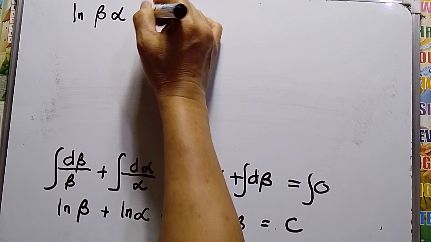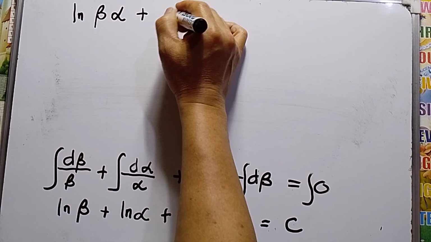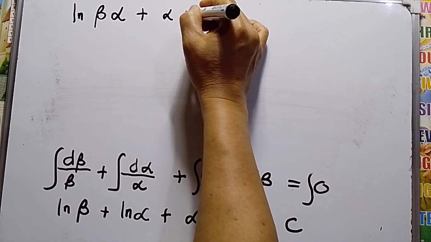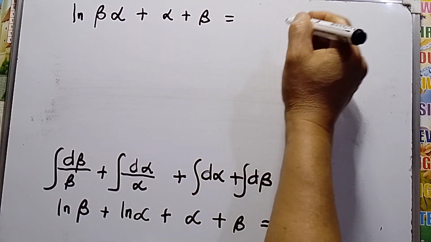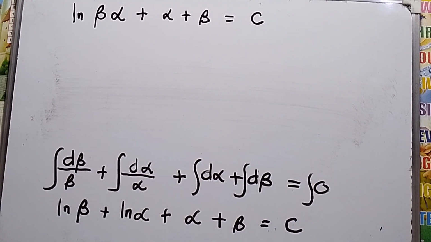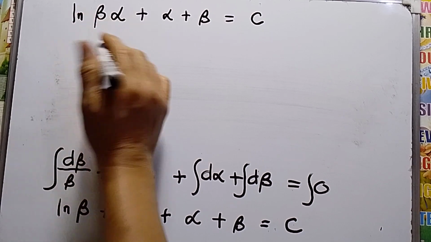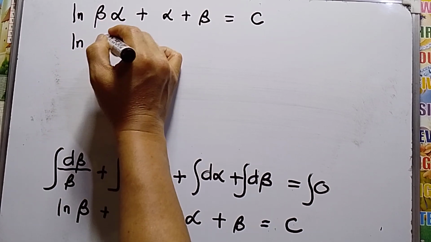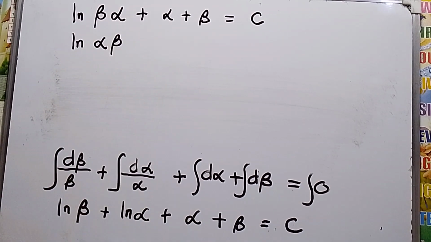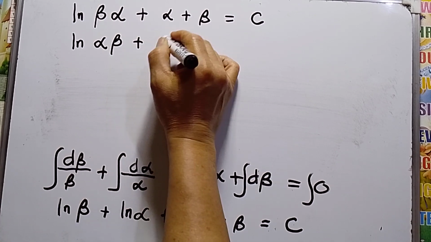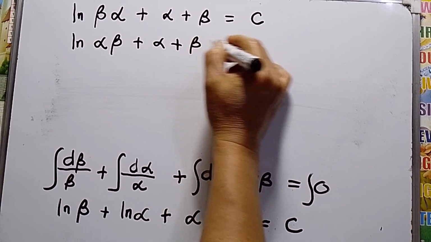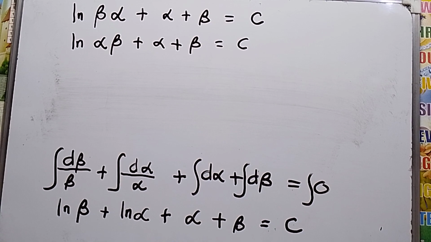Then plus alpha plus beta is equal to constant. Or I can arrange this one because this is letter B and letter A. So this will be ln alpha beta. Then this will be alpha plus beta is equals to constant.